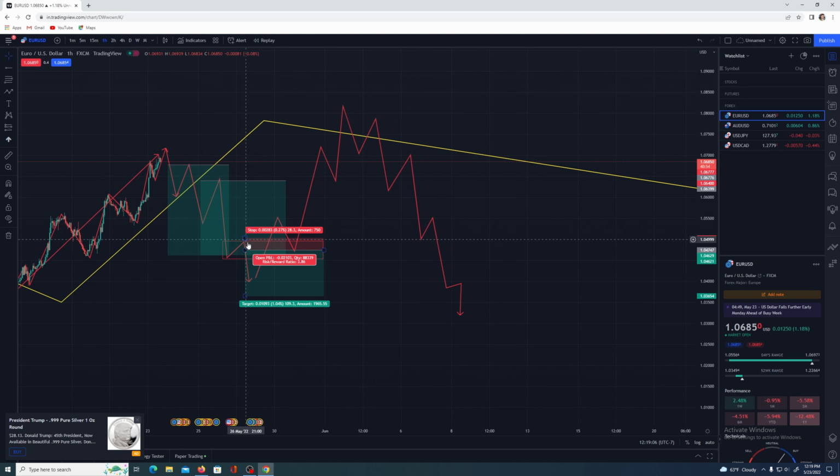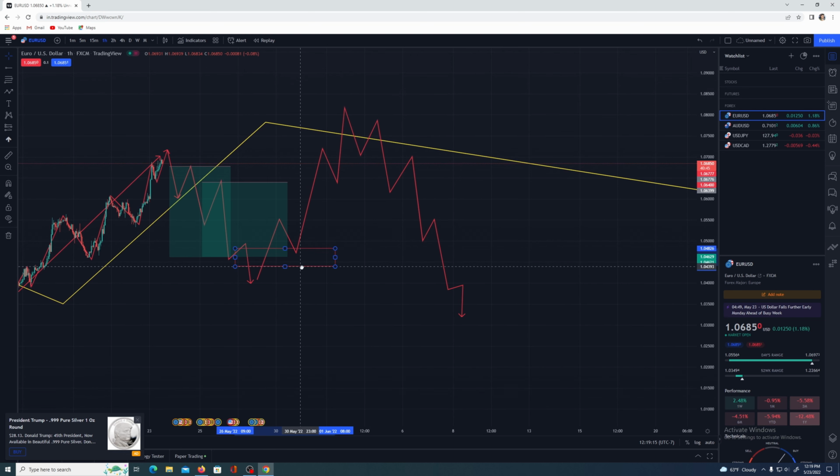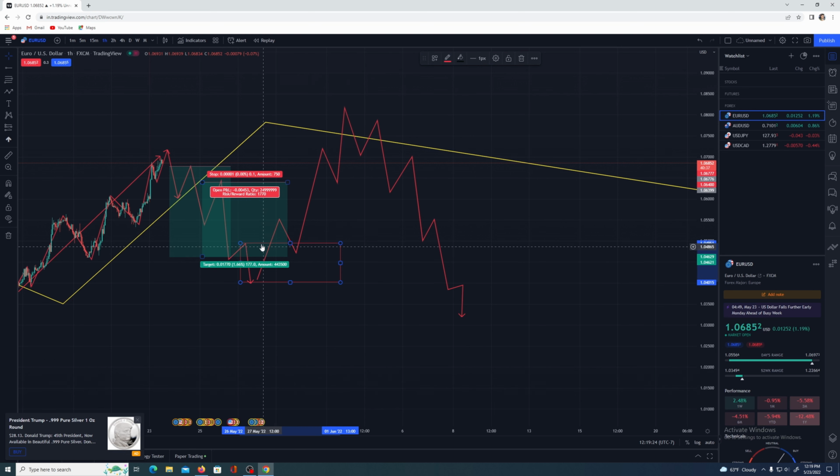But now, because this broke structure, what do you think is going to happen? Now I'm no longer looking at bearish moves because I'm following the 1 hour structure. And the 1 hour structure just told me that it went bullish. So now this is my move, and I'm waiting for price to come back down to the 50% if that's my rule, right?